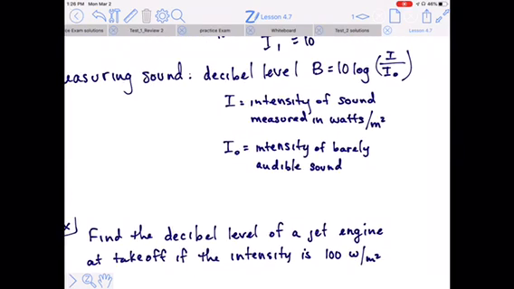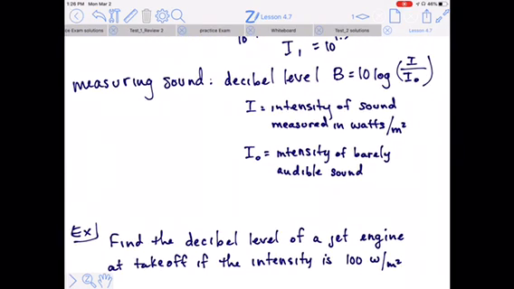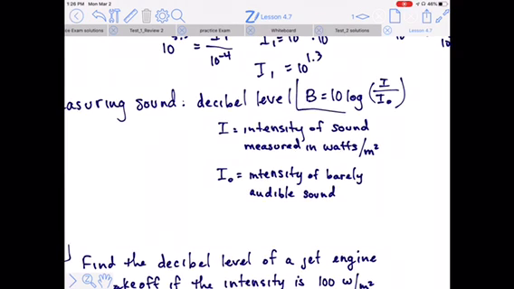Last one, measuring sound in decibels. So here's the decibel scale right here, which you're going to want to write down, and it acts very similar to the Richter scale. So I is the intensity of a sound measured in watts per square meter.